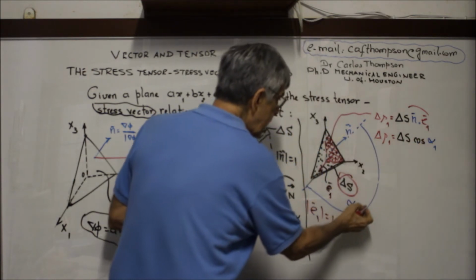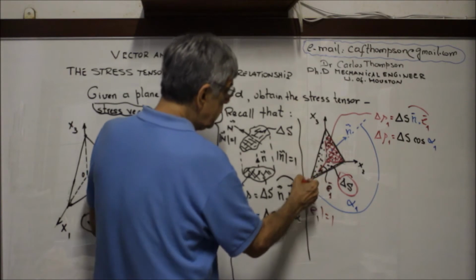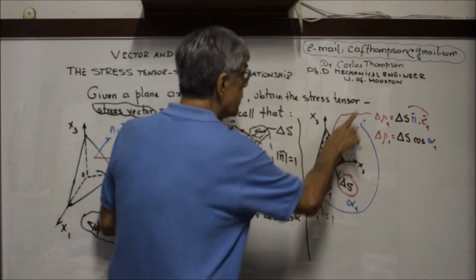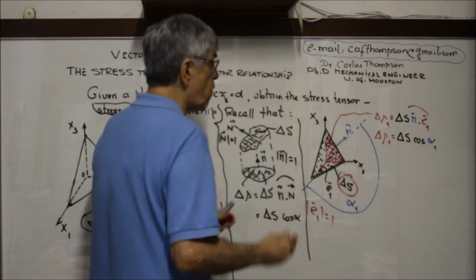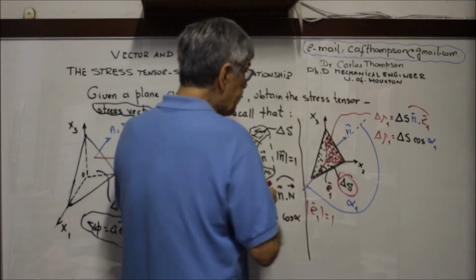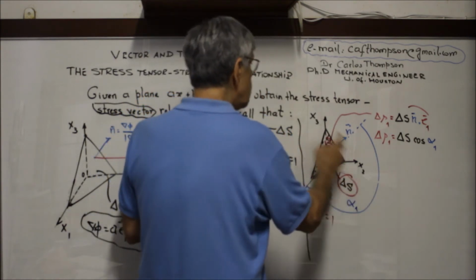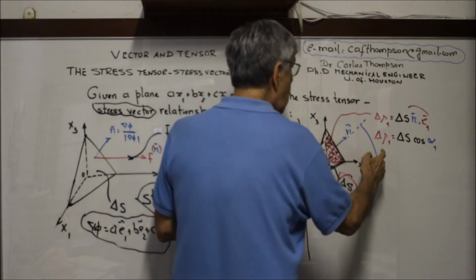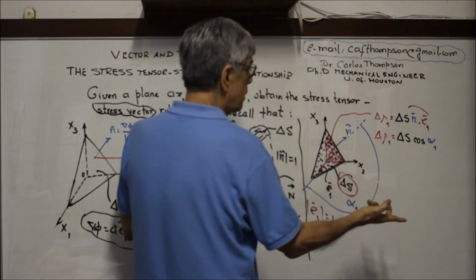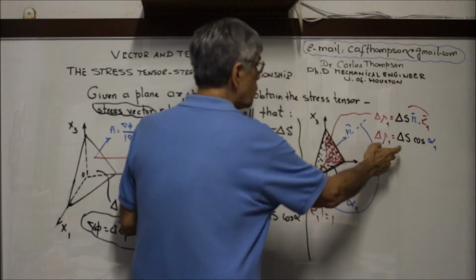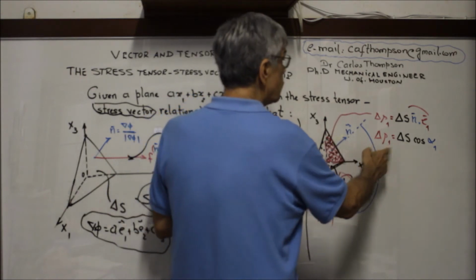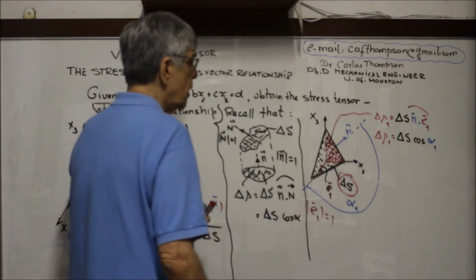That's the angle between E1 and n. That's the cosine. I'll call this angle alpha 1. So the projected area on the x2, x3 plane, I call delta S1, because this delta S1 is related to E1.